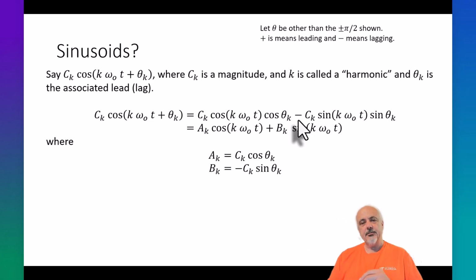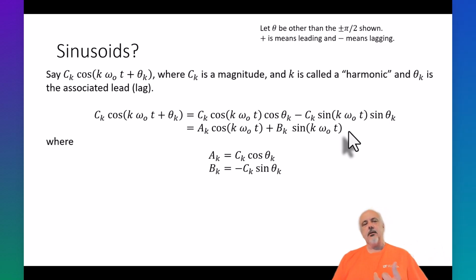Note that this minus results from the cosine of the sum of two angles. I always remember that if it's the sine of the sum, the sign is the same. But when it's cosine of a sum, the sign actually swaps. So remember that breakout here.